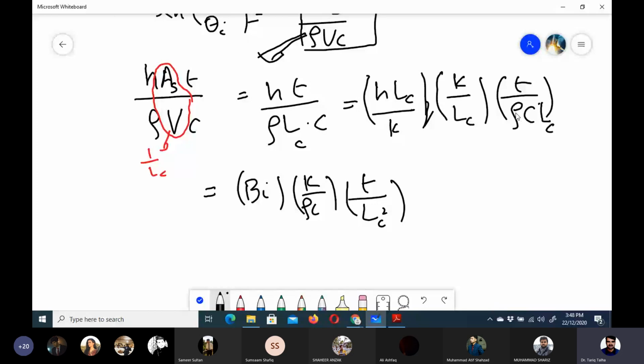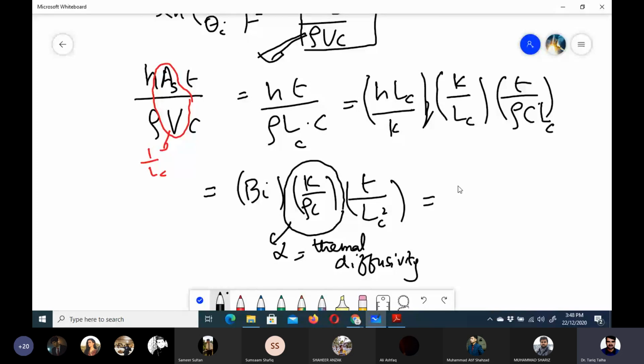So mathematically again correct. Now from chapter number 1, we know that k upon rho c is alpha, which is thermal diffusivity, right? So now we can say that we have got Biot number into alpha t upon Lc square.